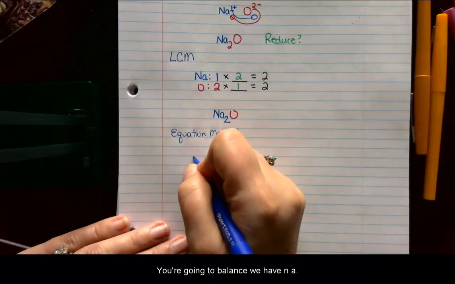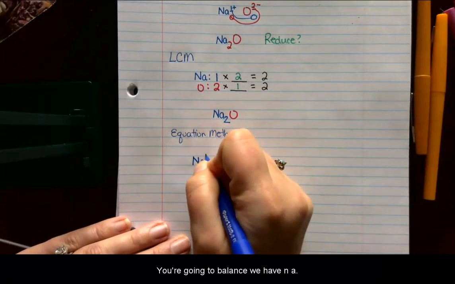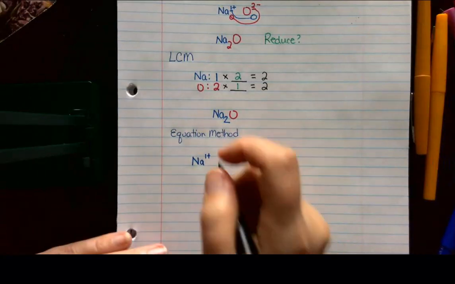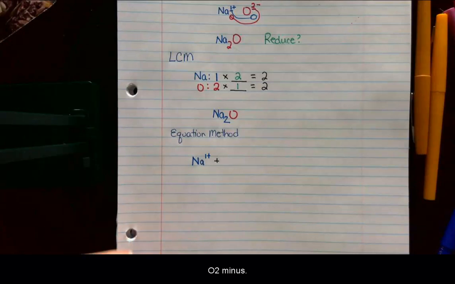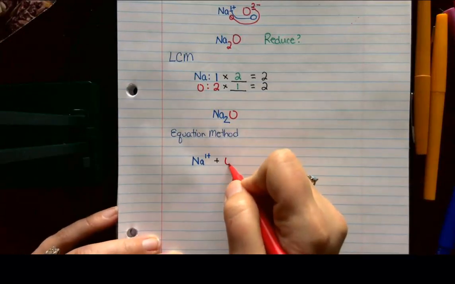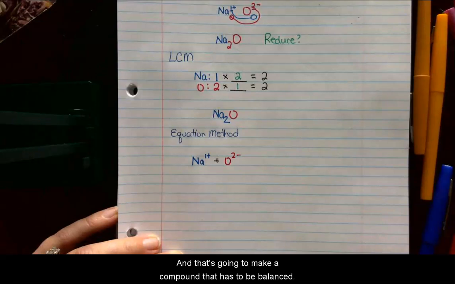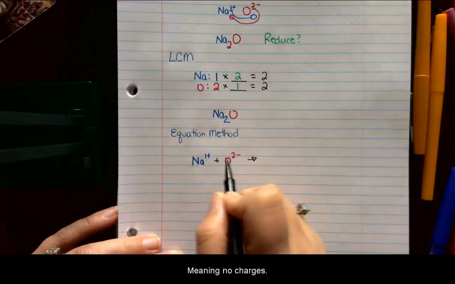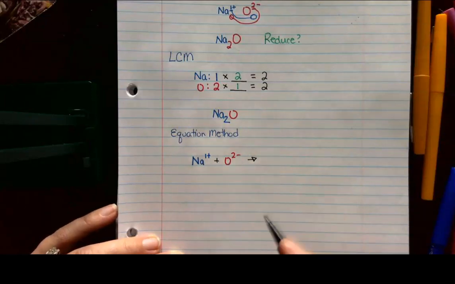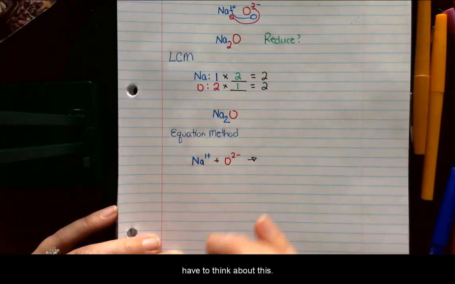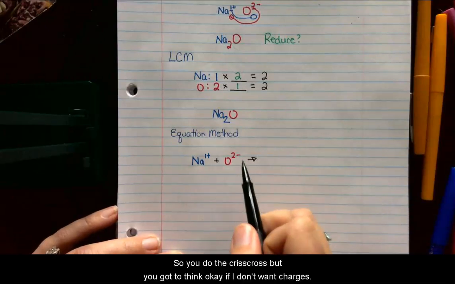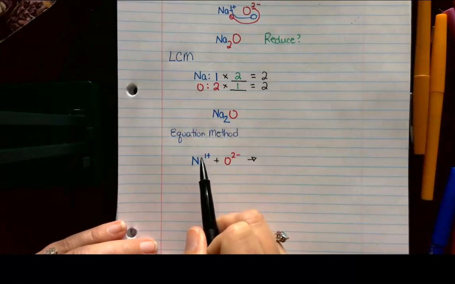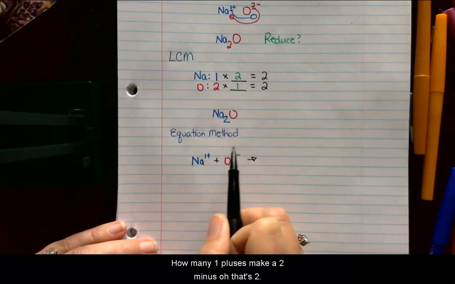So you're going to balance. We have Na1+ plus O2-, and that's going to make a compound that has to be balanced, meaning no charges. And that's what we've been doing up here, but you really have to think about this down here. So you do the crisscross, but you've got to think, okay, if I don't want charges, how many 1 pluses make a 2 minus?